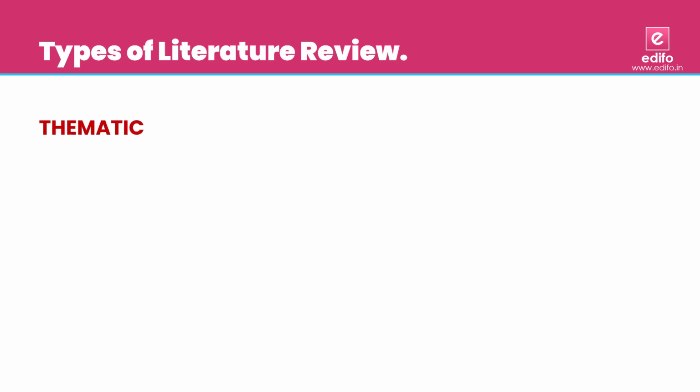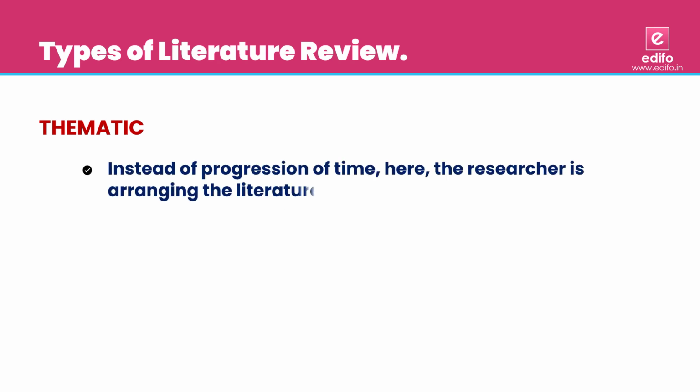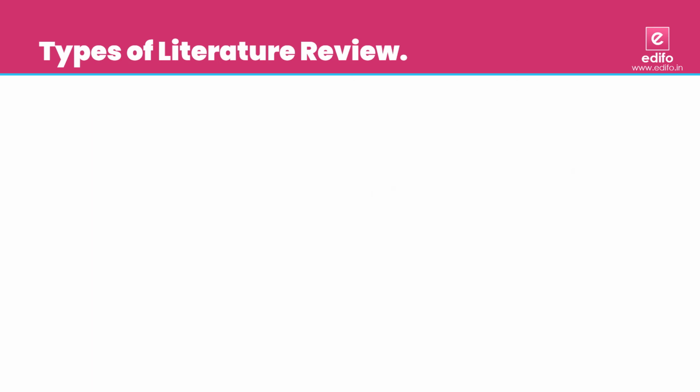The next one is thematic. Instead of progression of time, here the researcher is arranging the literature based on themes or issues. Here the chronology is not applicable. Based on the theme, you can arrange your literature in your document. The next is methodological arrangement.